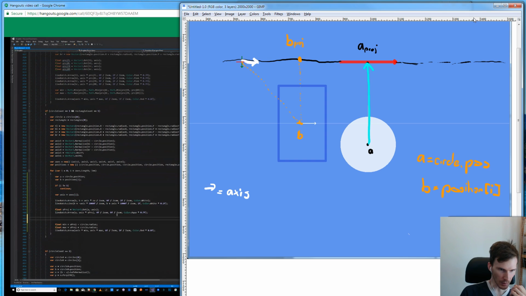Okay. So while we're doing that, because then we can see where everything is. B axis. Okay. That's another good contrast color.